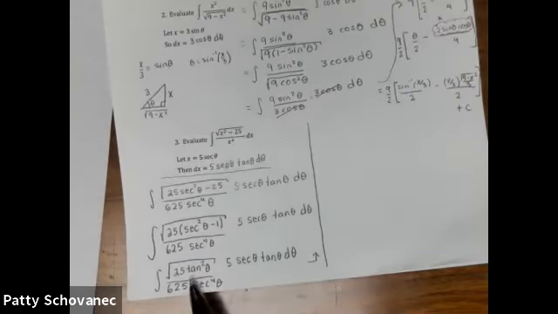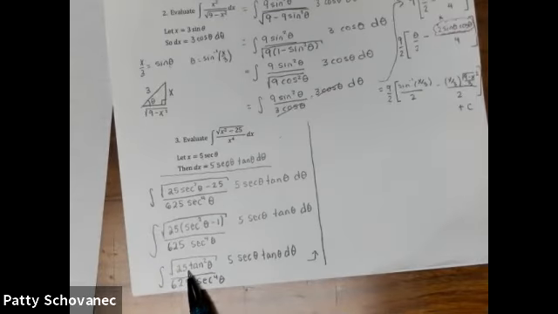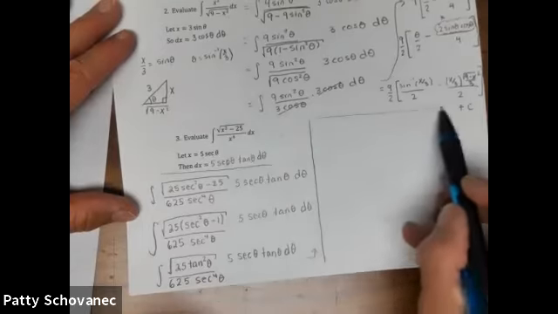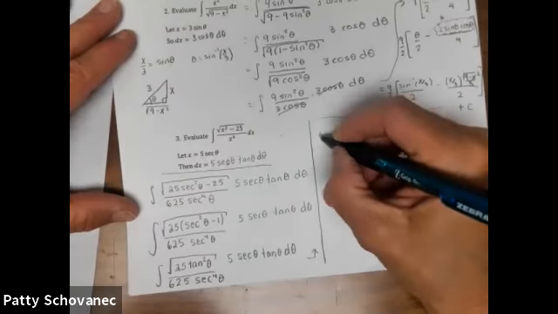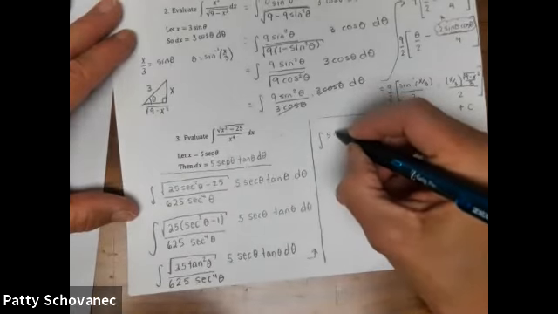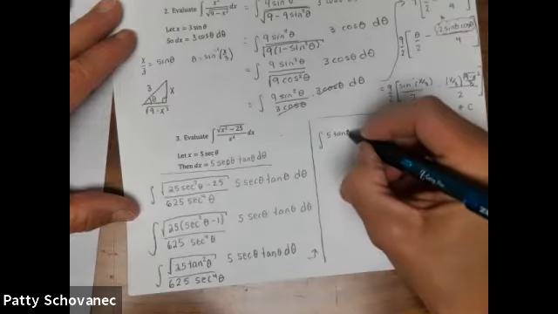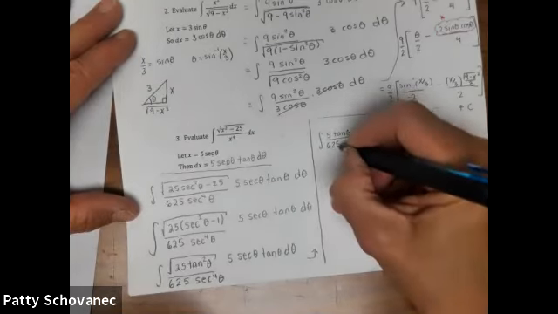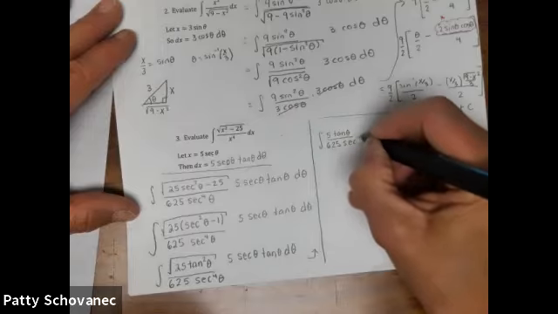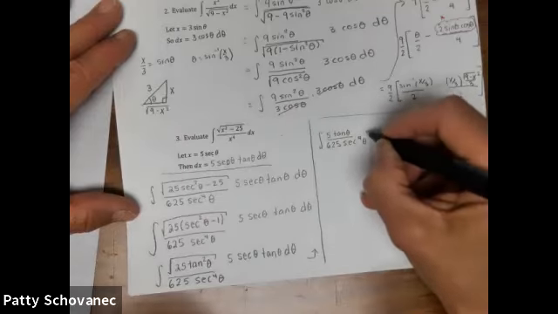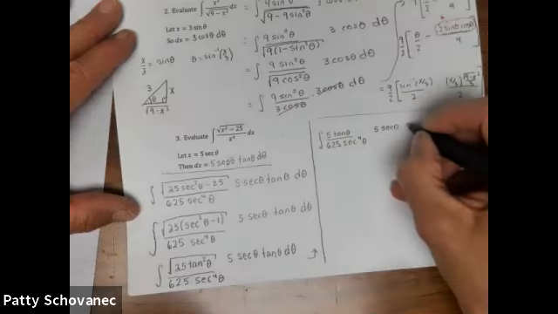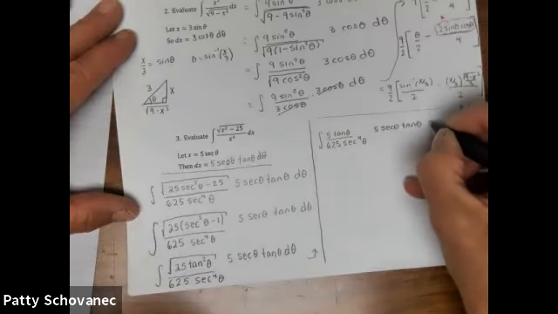Okay, so next, we're going to take the square root of this and get 5 tangent of theta. So I have 5 tan theta, 625 secant to the fourth of theta, and then up here on top, 5 secant theta tan theta d theta.